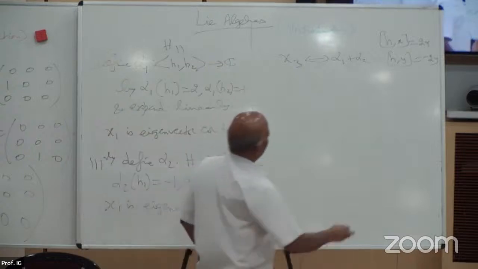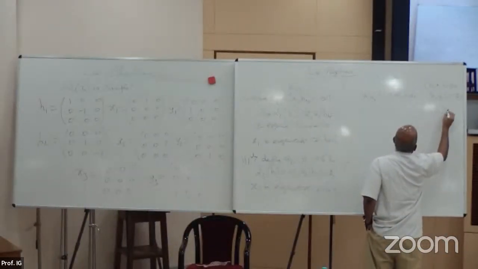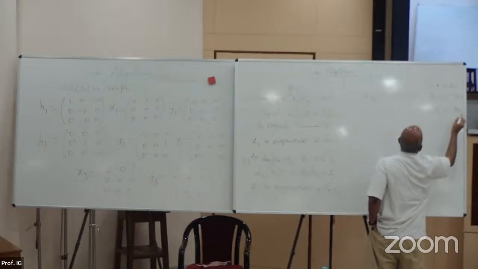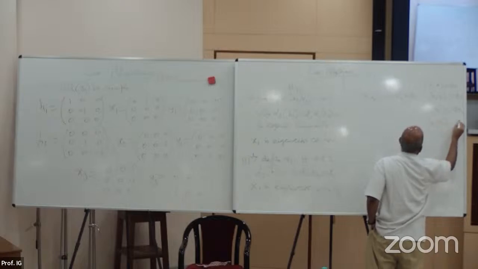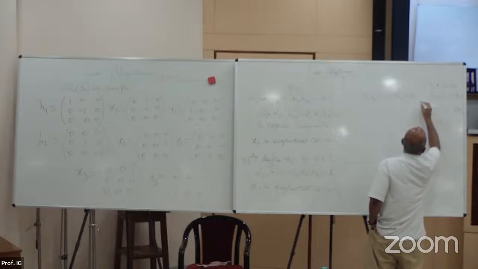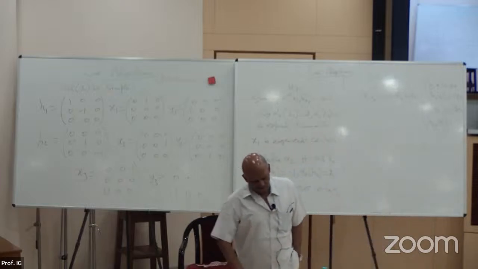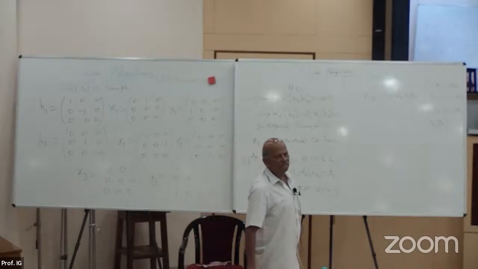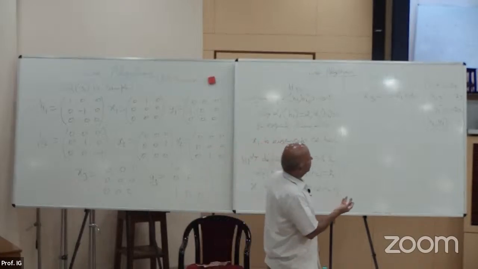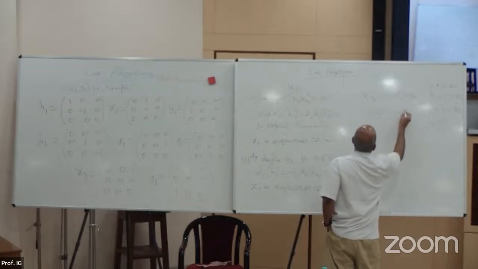So H1 y1 is going to be -2y1. I already remarked this. H2 y1 is going to be y1. We know that H1 y1 is -2y1. H2 y1 is just y1. So what does y1 correspond to? Y1 corresponds to minus alpha 1.